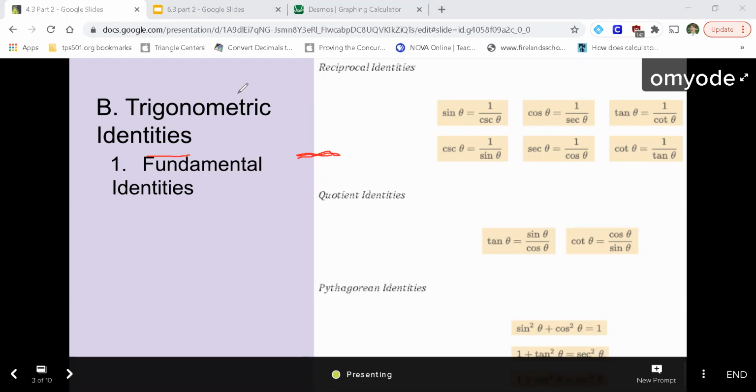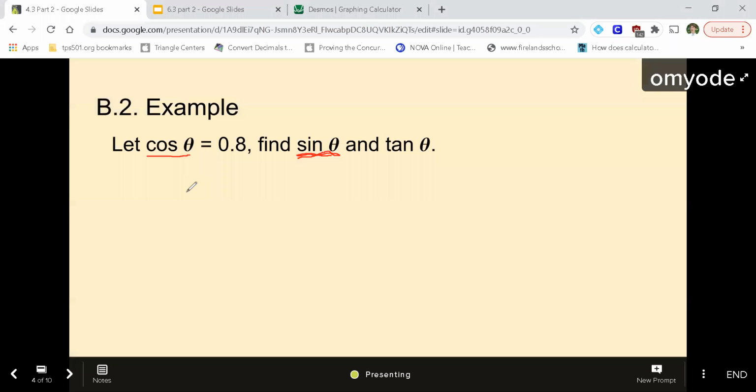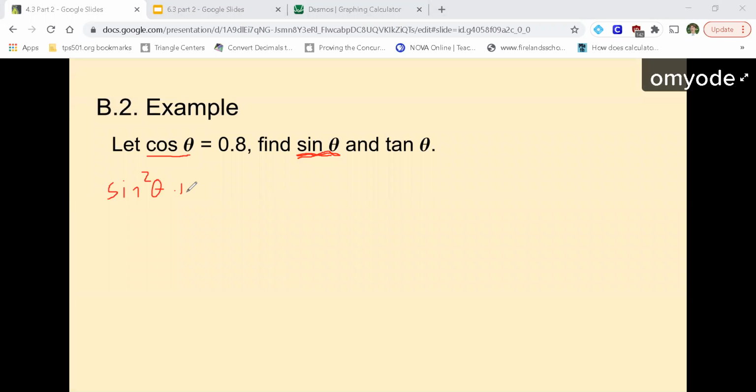So what I can do then is say, all right, sine squared plus cosine squared is 1. So if I plug in 0.8 for cosine, I'll have sine squared plus 0.8 squared is 1.